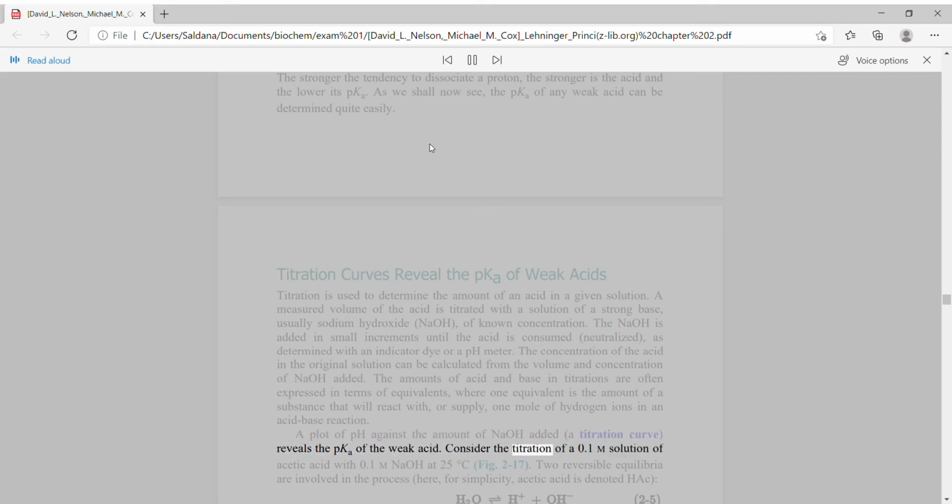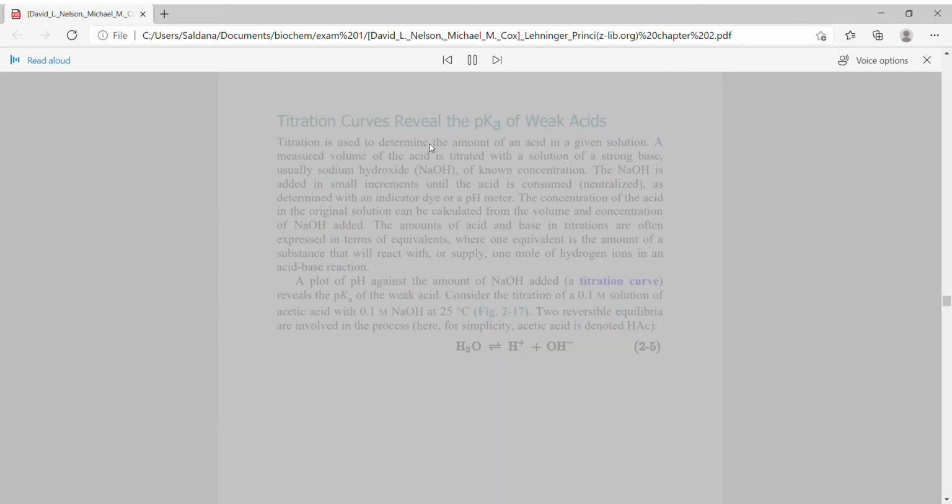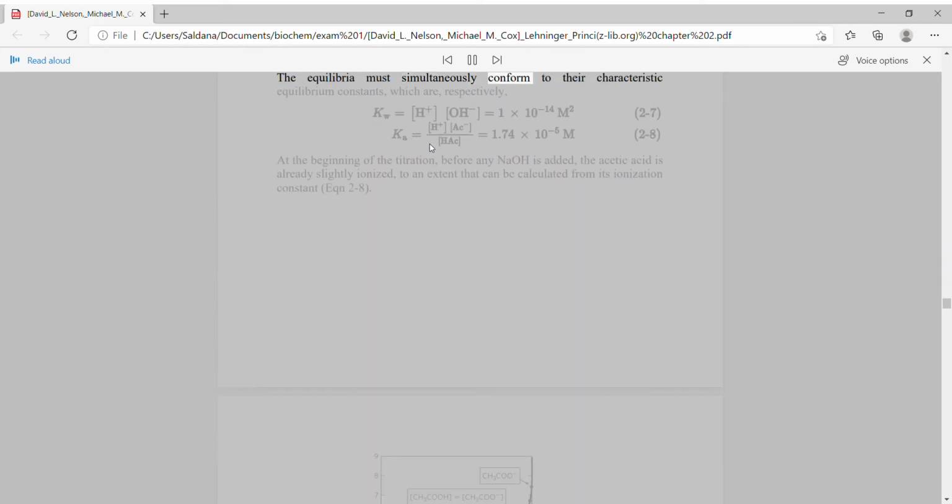Consider the titration of a 0.1 M solution of acetic acid with 0.1 M NaOH at 25 degrees Celsius, Fig. 2-17. Two reversible equilibria are involved in the process. Here, for simplicity, acetic acid is denoted HAc. The equilibria must simultaneously conform to their characteristic equilibrium constants, which are, respectively.